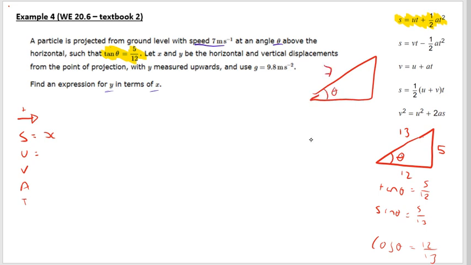This here is going to be 7 cos theta, which we now know is 7 times 12/13 for this question. This is 7 sine theta, which should be 7 times 5/13. So for the horizontal, 7 cos theta, 7 times 12/13, specifically for that angle. V we're not interested in. A horizontally is 0, and T is just a variable of time.